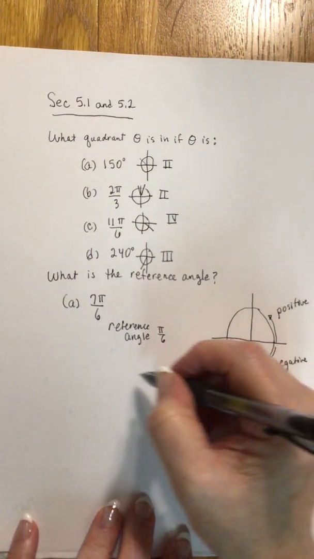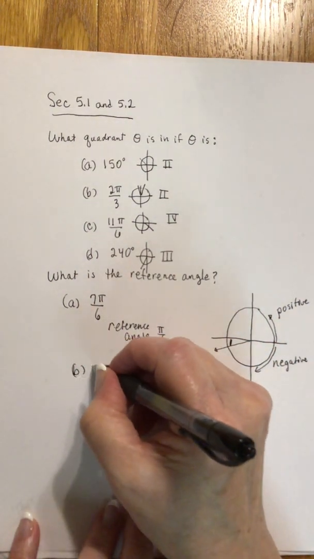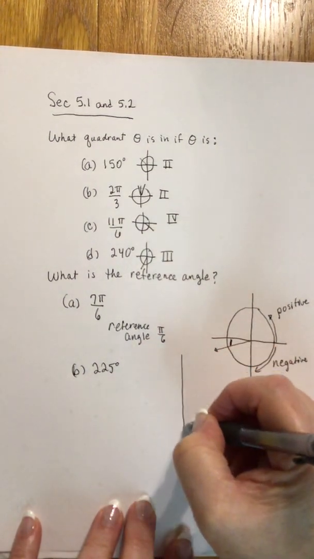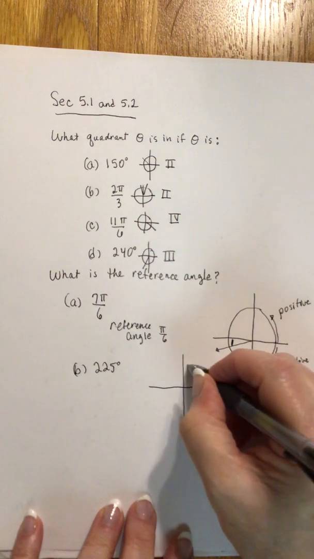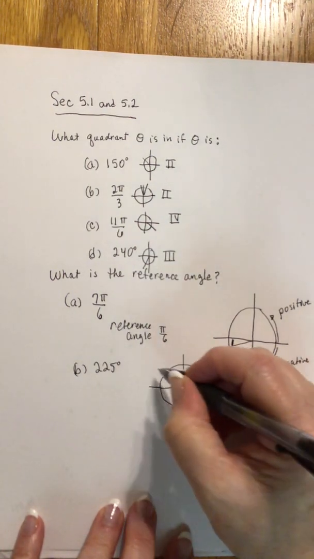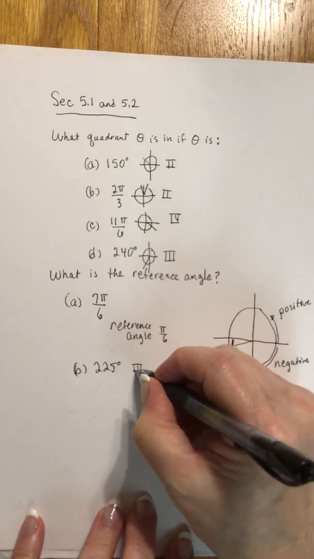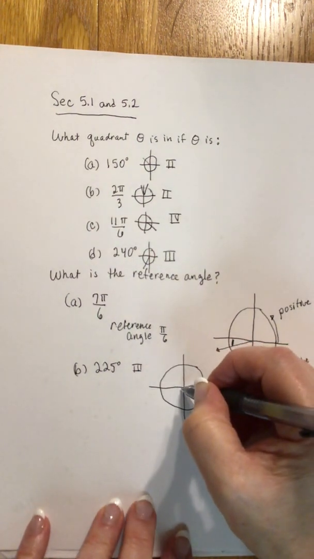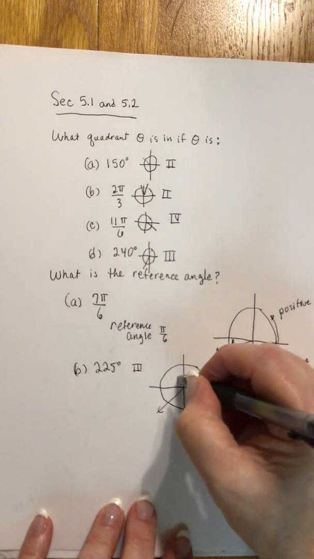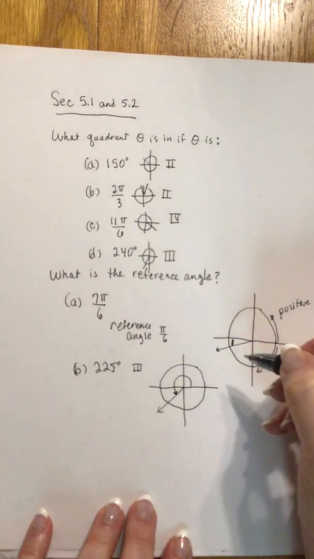Okay, let's try another one. B, 225. So where do we know 225 is? Between 180 and 270, so it's quadrant 3, right? So 225 would be over here, from here all the way around to there.